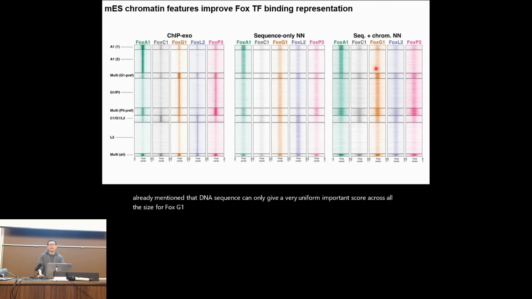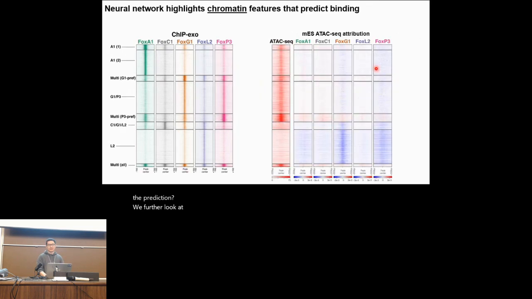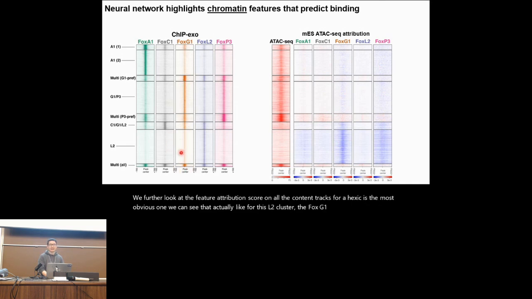So what exactly does the pre-existing chromatin do in this neural network to help the prediction? We further look at the feature attribution scores on all the chromatin tracks. For ATAC-seq, it's the most obvious one. We can see that, for this cluster, FOXG1 doesn't have a binding signal here, and the DNA sequence attribution is very high in this cluster. But because this region is devoid of ATAC-seq signal, the model learns that FOXG1 relies on pre-existing open chromatin to bind to these sites, and it recognizes there's no ATAC-seq signal, which means it should penalize these regions.